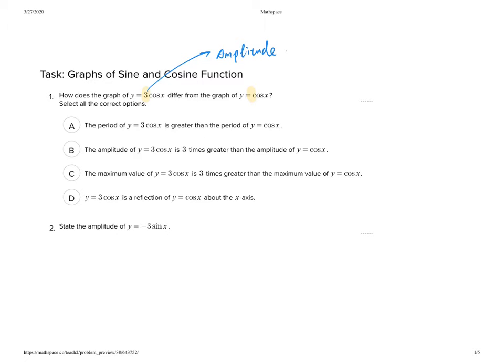Amplitude is the number on the y-axis. On the y-axis, you always draw a positive and negative y-axis, and your graph is always going in between those. So make sure we know that amplitude also gives us the maximum value.